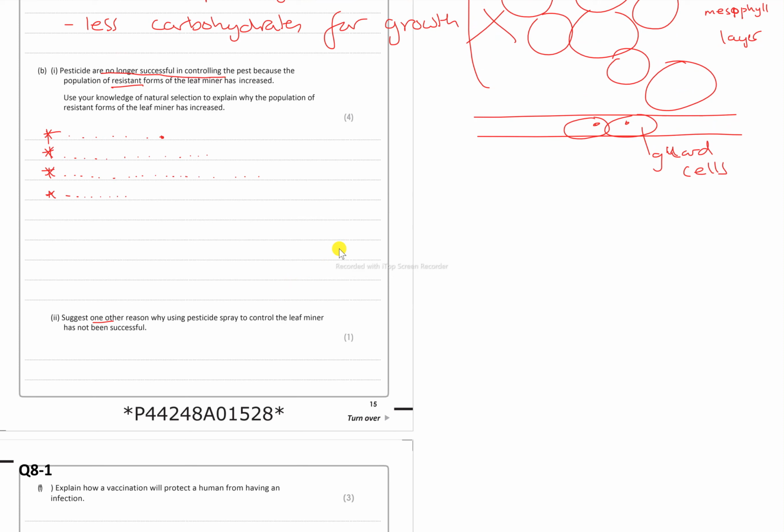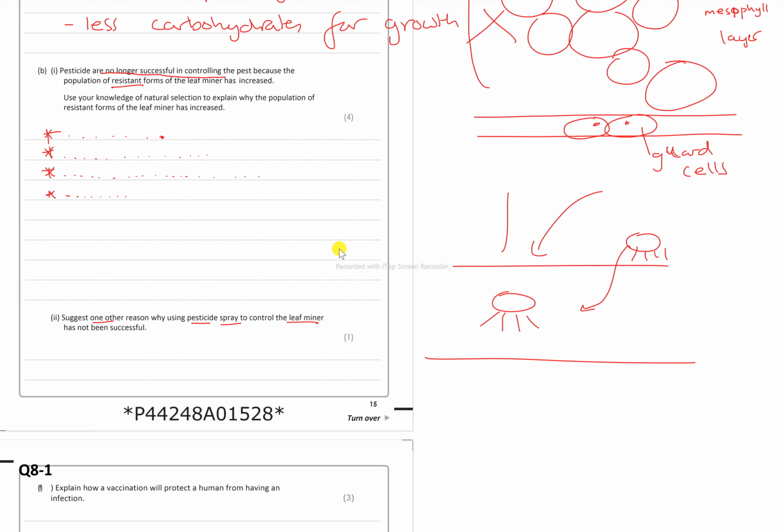So just one other reason why the pesticide that was sprayed onto the leaf miner was not successful. Right, there's the leaf. This is the leaf miner, and as the name suggests, it burrows in. So the leaf miner is here. And when you spray on top, it doesn't always get there and it won't kill it.